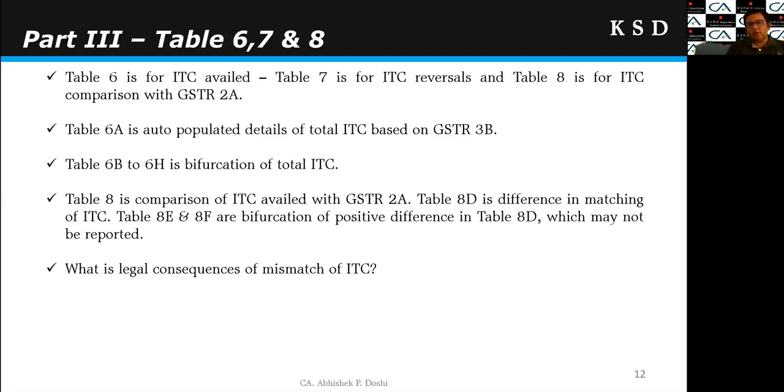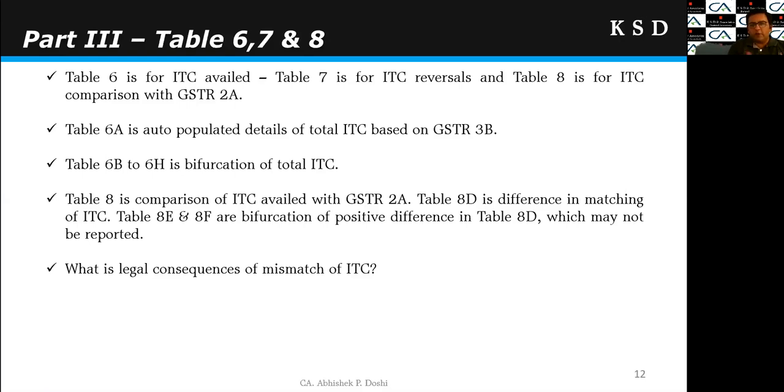Table 6A is auto-populated, with details of total ITC based on your GSTR 3B return. Then 6B to 6H is the bifurcation of the total ITC. So whatever the total ITC in 6A, we need to bifurcate in 6B to 6H, and ideally the difference at 6J would be 0.